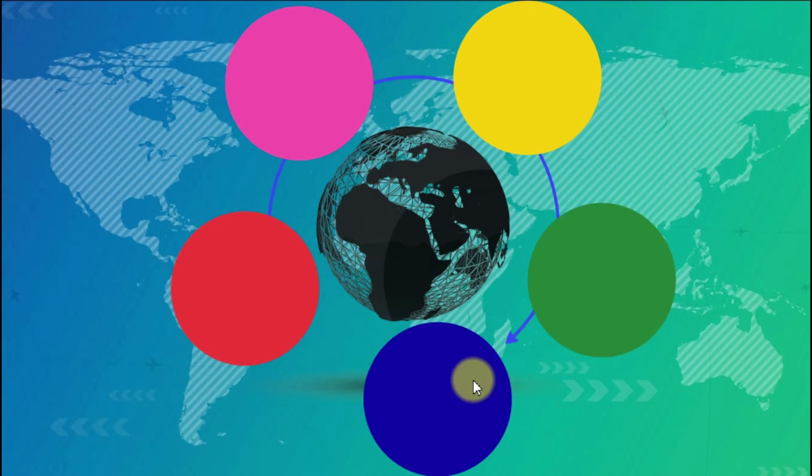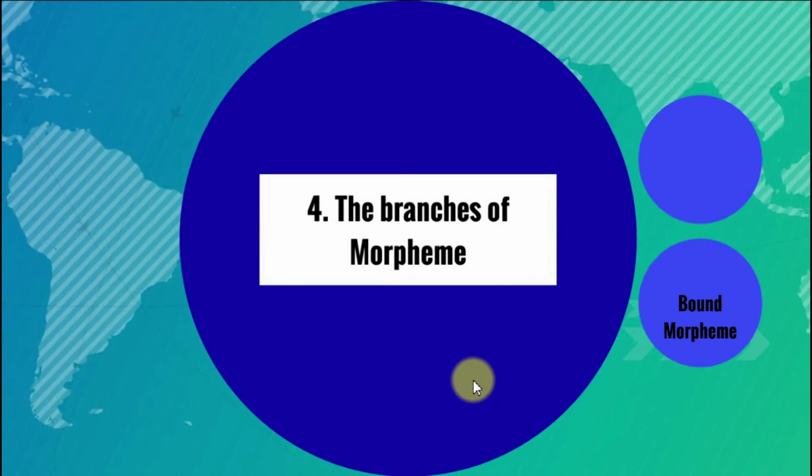Next we are going to the branches of morpheme that I just told you. That is the important thing that all of you have to understand about the branches of morpheme.